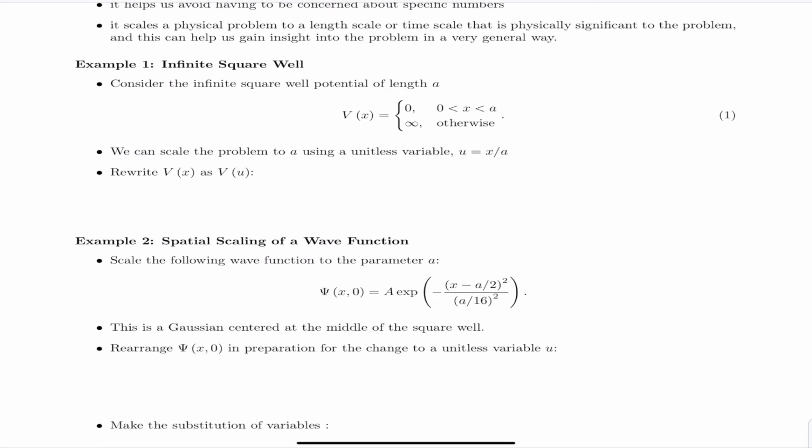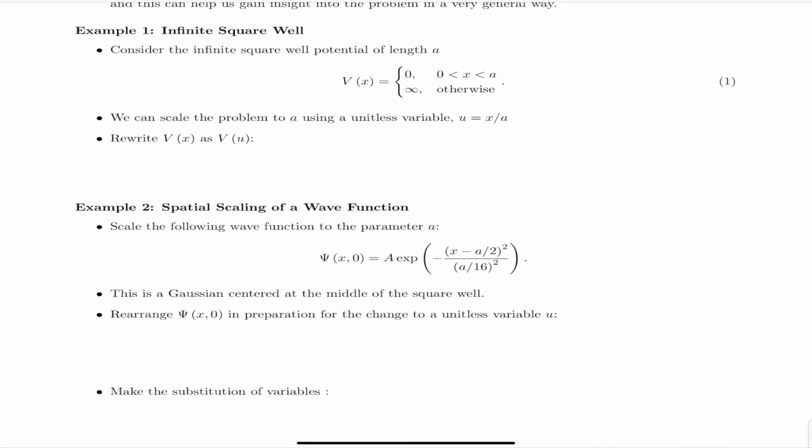So for our first example, we'll discuss the infinite square well. This is the potential that defines it in equation 1. We'll just scale the problem to some length parameter a, right? That's the width of the well, so that's what's relevant here. And we'll define this unitless variable u.